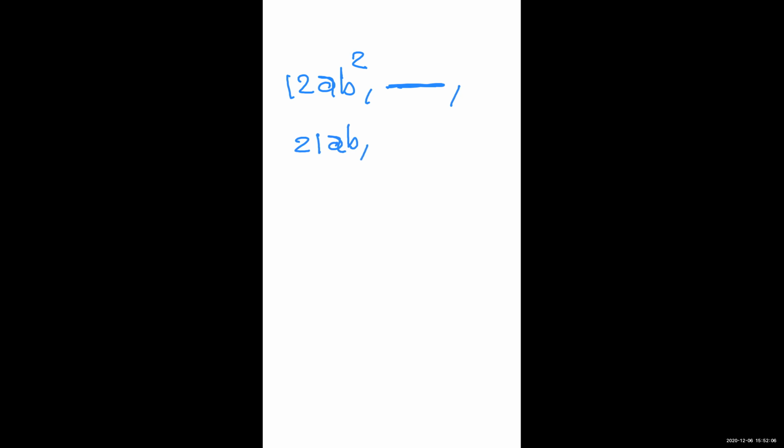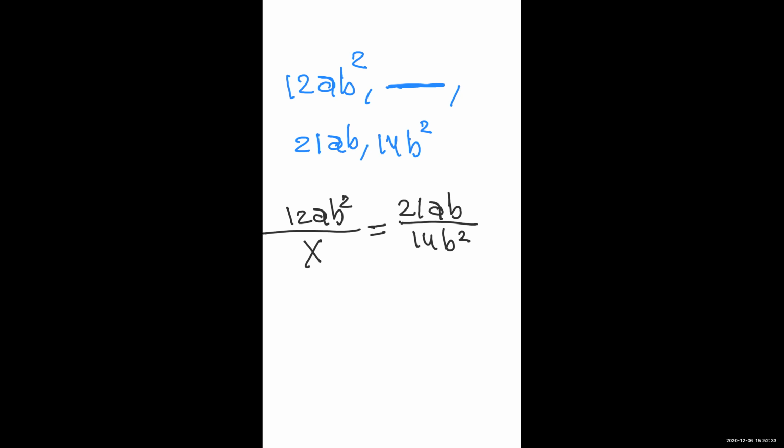So how can I get the second proportion? 12ab squared over, for example, x, equals 21ab over 14b squared. Then cross multiplication: 12ab squared times 14b squared over 21ab.